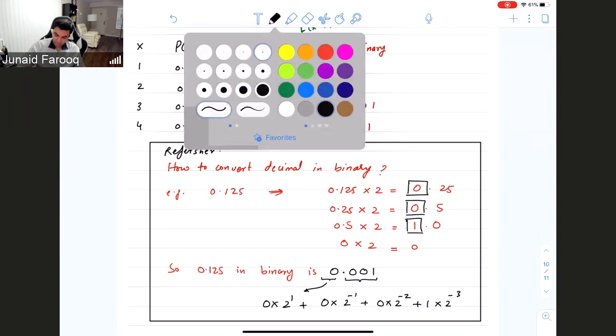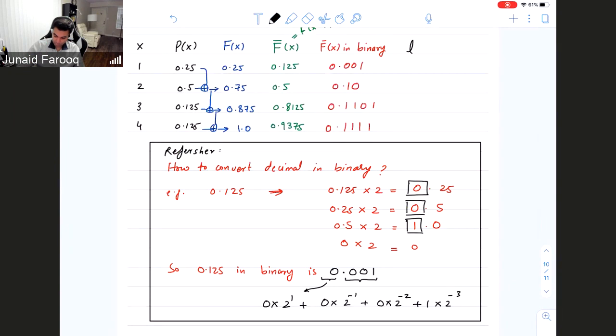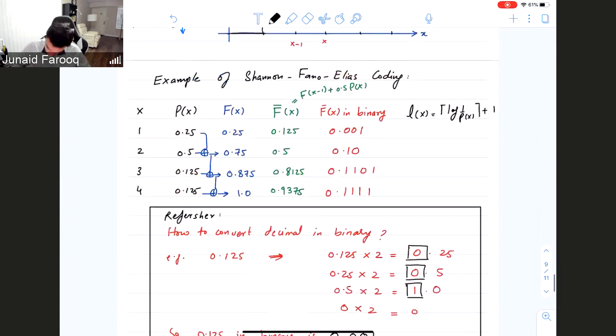And then you want to find the length of the code. So as I told you, the length of this is going to be log of 1 over p of x plus 1. Okay, let's write it as L of x.